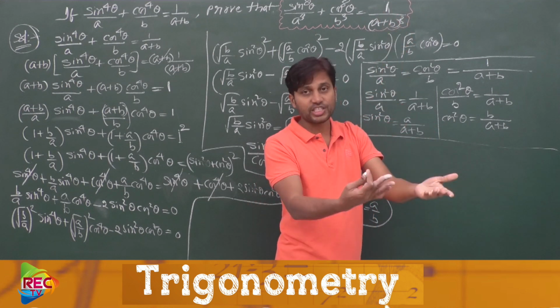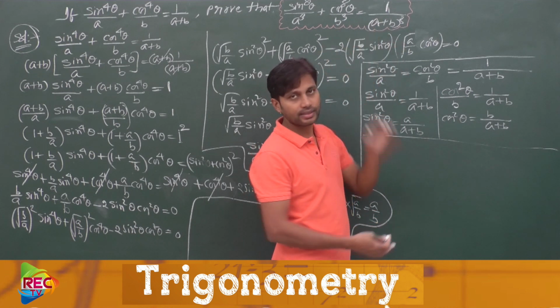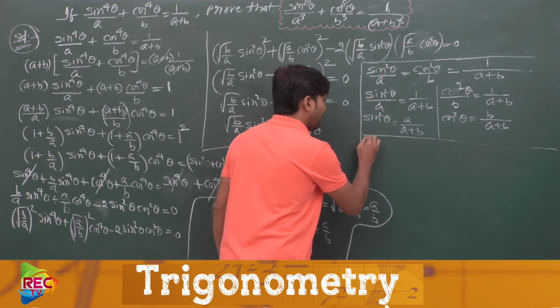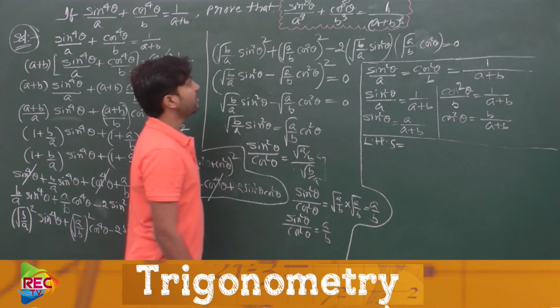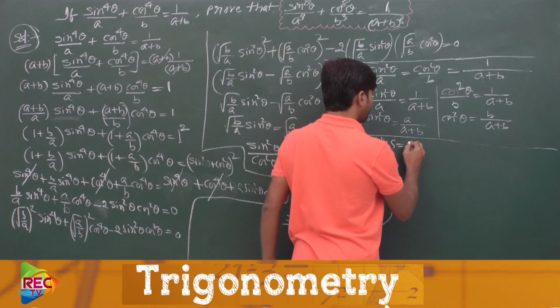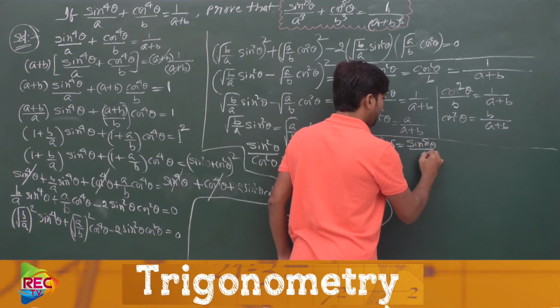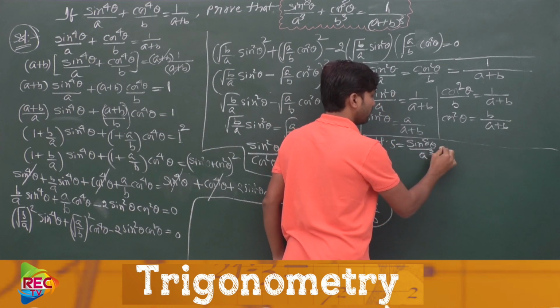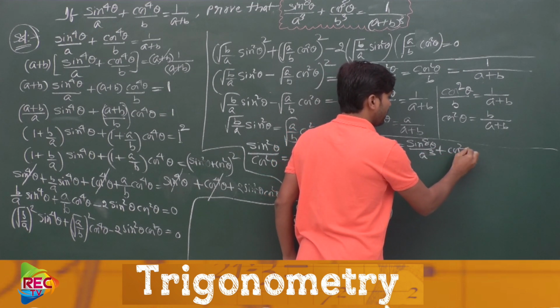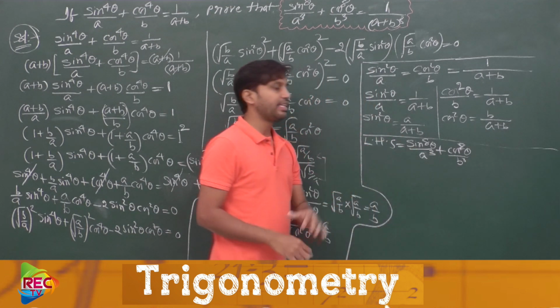So we take the LHS part and we need to get the RHS part over here. What is the LHS? Sin power 8 theta by a cube plus cos power 8 theta by b cube. Okay, we took the LHS part.